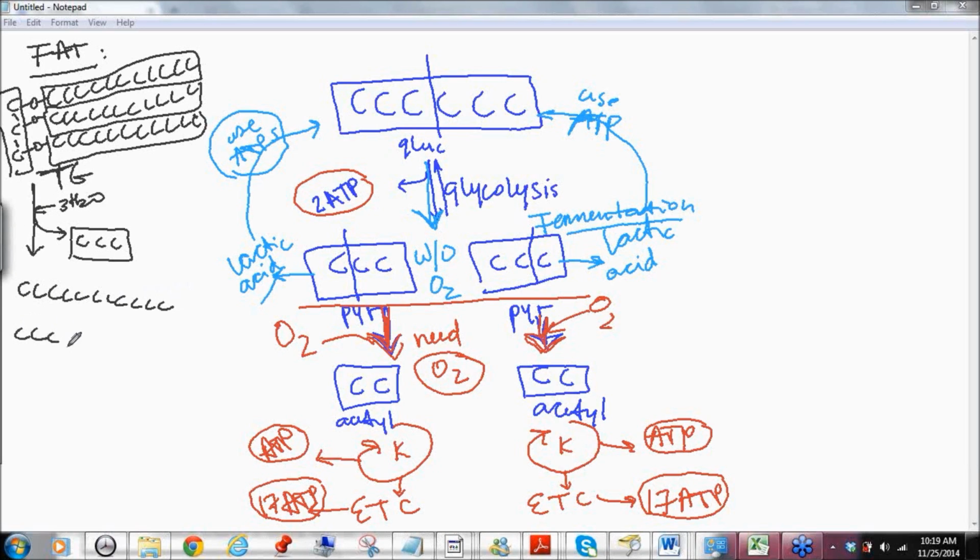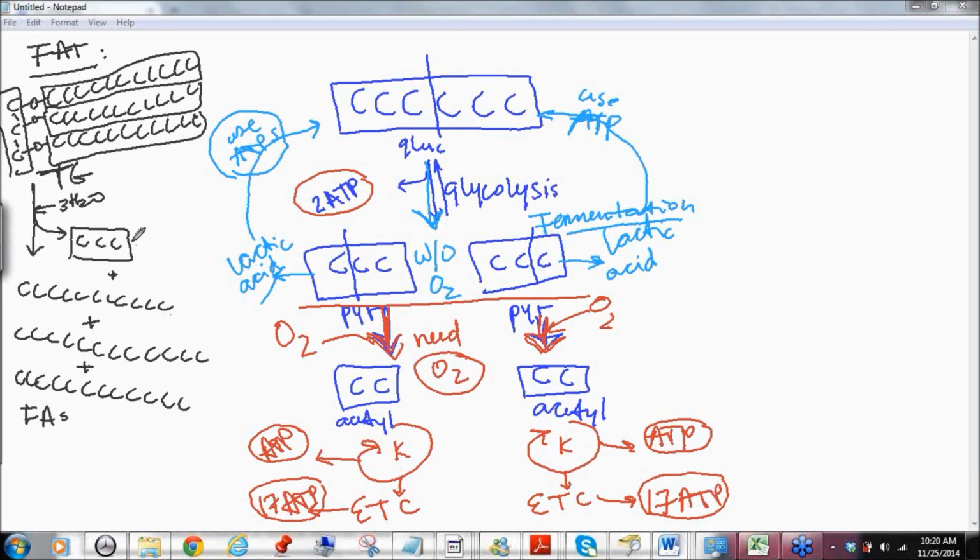Now, fatty acids can be short or long. Some are shorter, some are longer. You might remember that from the lecture on fats. But from here, your glycerol backbone and your 3 fatty acids are now separated. So these are fatty acids.